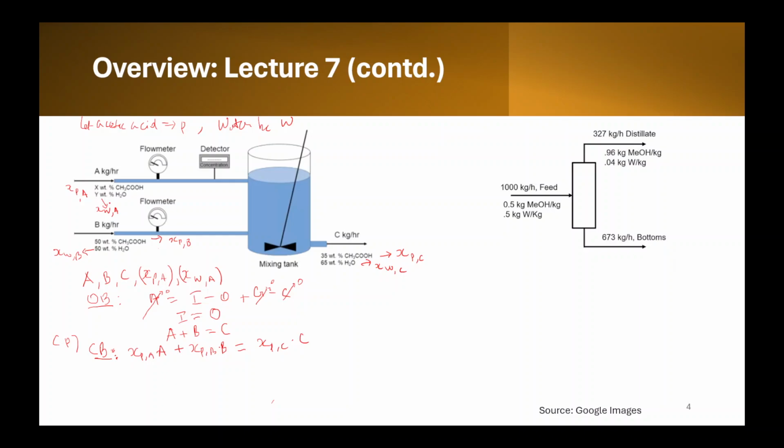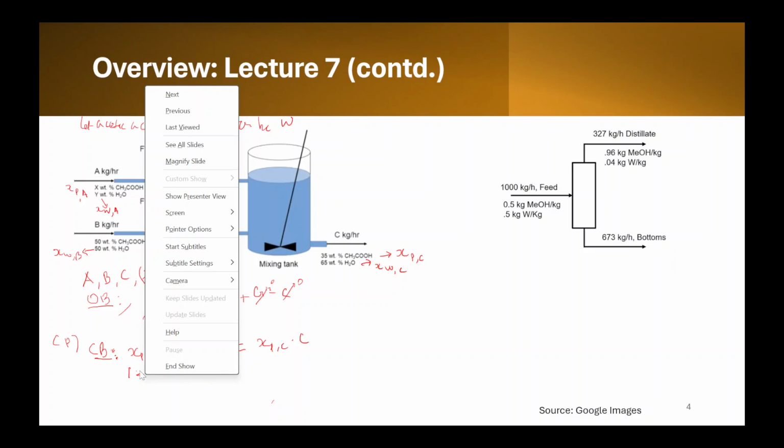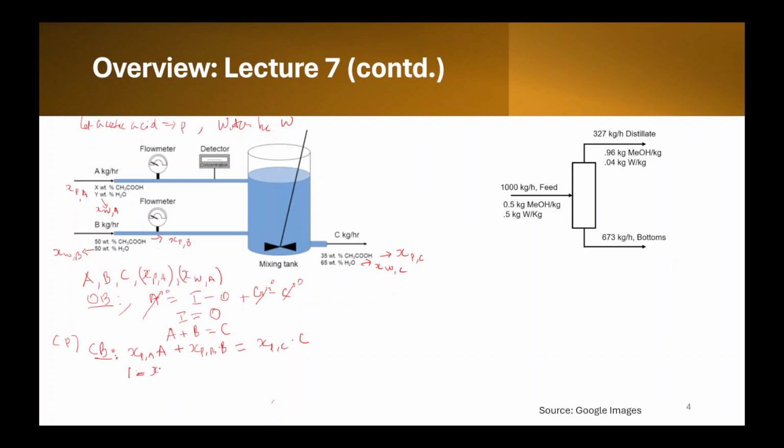And if you want to compute XWA, you can write the component balance of that as well. But one more way to do it is that, as you know, the sum of all the mass fractions is 1. As there are only two components, 1 minus XPA will give you XWA.